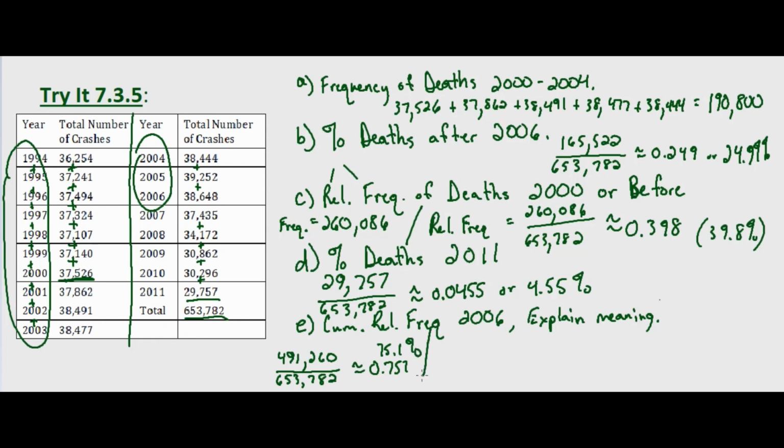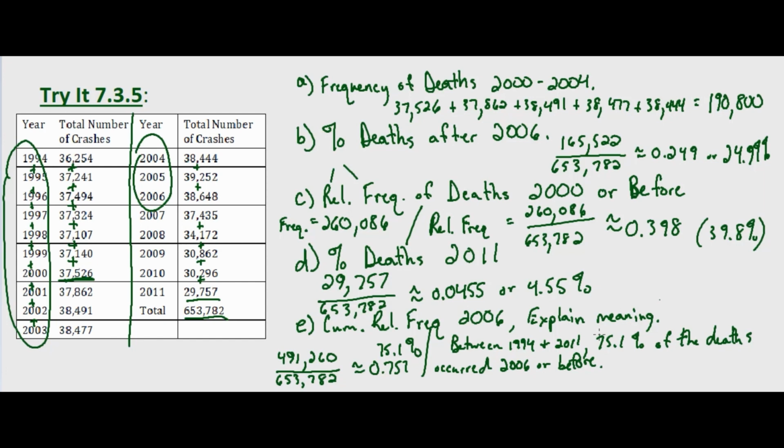Now, what does this mean? This means that between 1994 and 2011, 75.1% of the deaths occurred in 2006 or before.